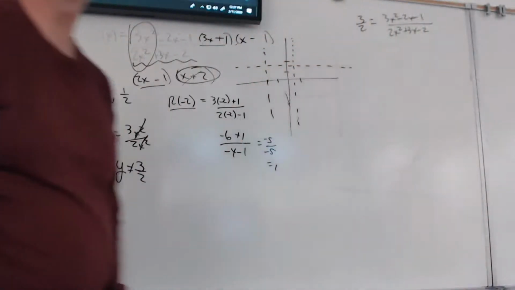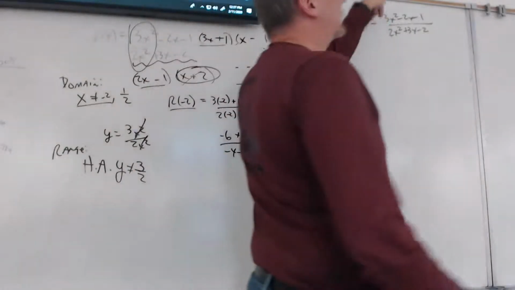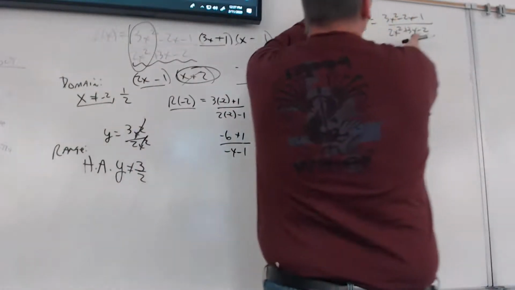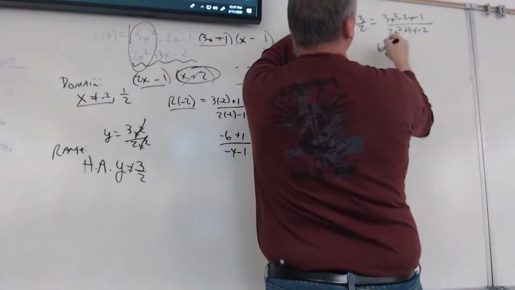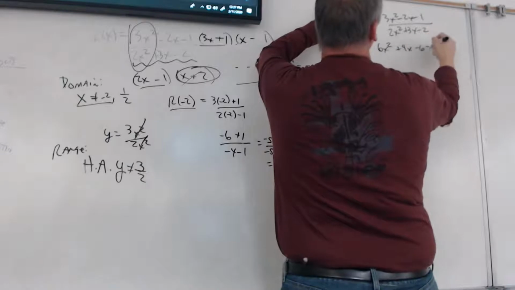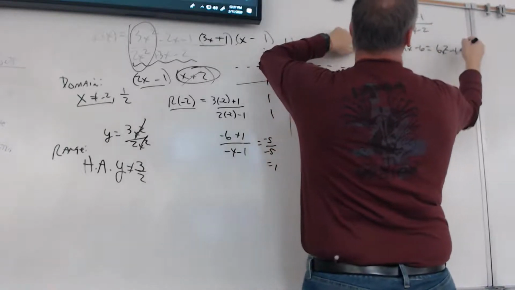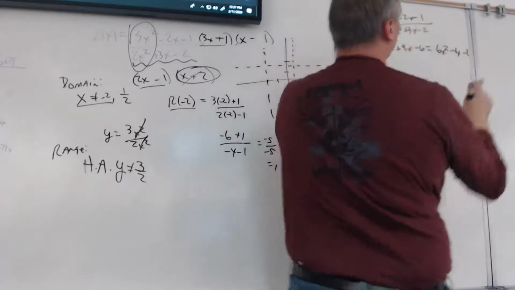Okay, so how do we solve that? We can multiply the bottom. Let's actually just cross multiply. So if we cross multiply, this becomes 6x squared plus 9x minus 6 equals 6x squared minus 4x minus 2.